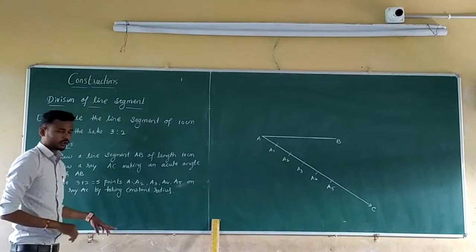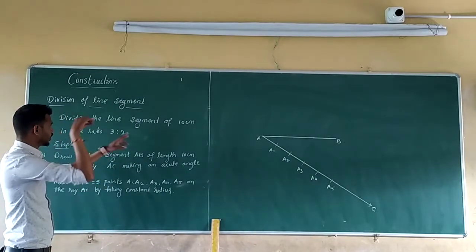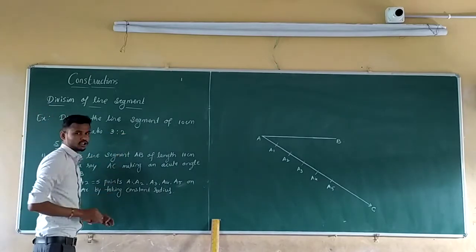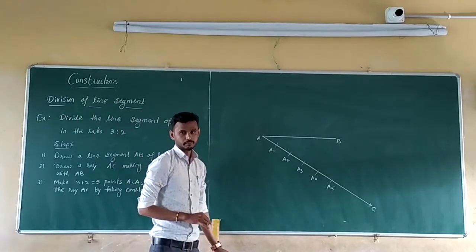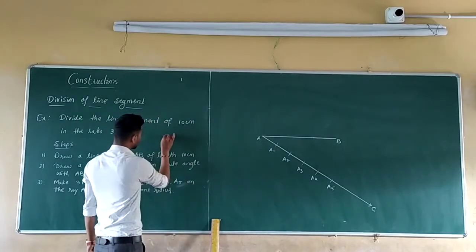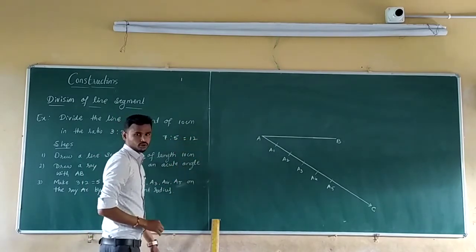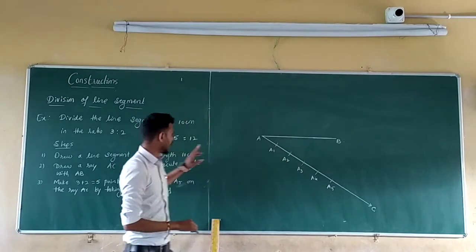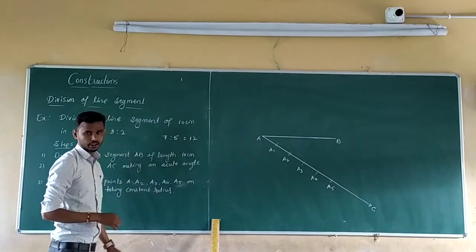Why should we make only 5 points? Because what is the given ratio? 3:2. So just add the given ratio, that much points you need to make on the ray. If you are given 7:5, it means 7 plus 5 gives 12, so you should make 12 points on the ray like that. So add the given ratio and make that many points on the ray.